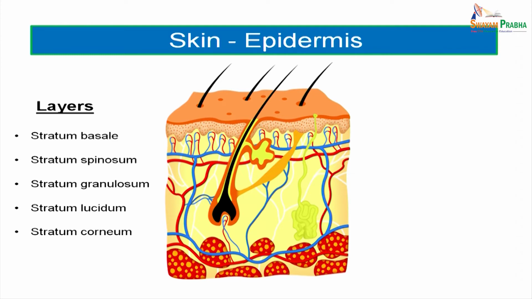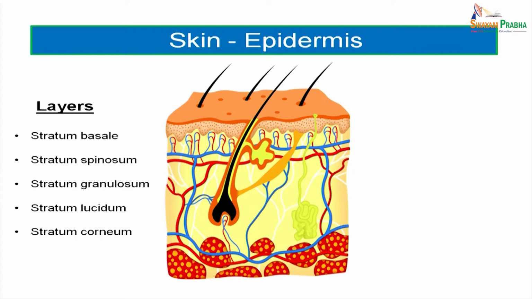The next layer is the stratum spinosum. As the name suggests, the cells here look very spiny in nature, or they have spiny processes or dendritic-like processes. Why we get this is that during preparation of the routine histological slides, the cell contracts and the edges of the cells, which are in contact with the adjacent cells through tight junctions, are preserved and give a spiny appearance to this zone.